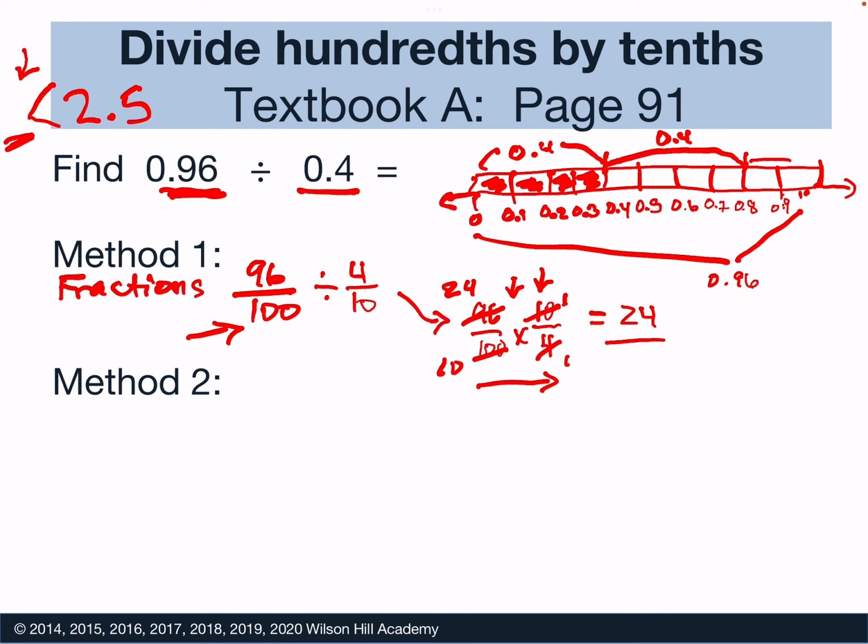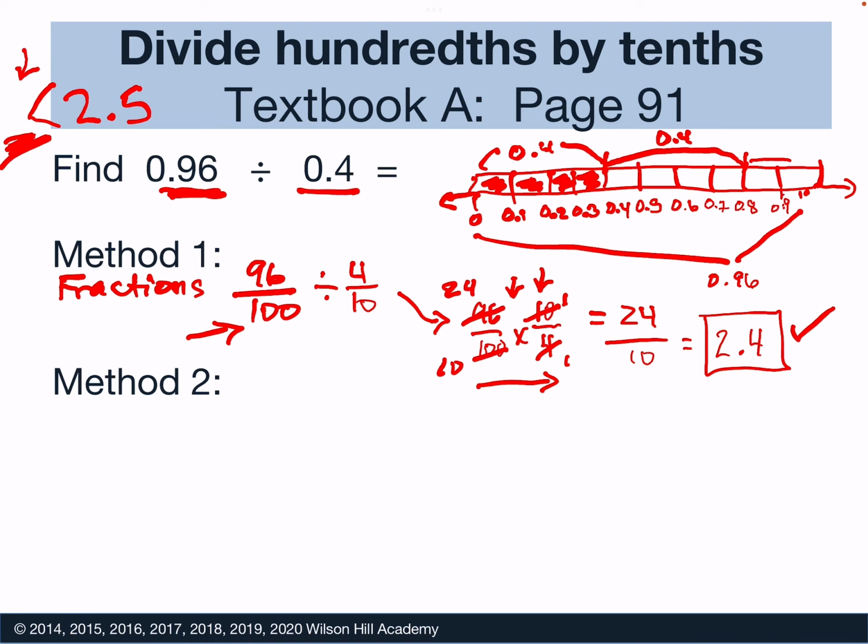And for the denominator, 10 times 1, that gives us 10. And 24 divided by 10 is 2 4/10. And you see that my estimate was somewhere less than 2.5, and I have 2.4. So 2 4/10 is a reasonable answer.